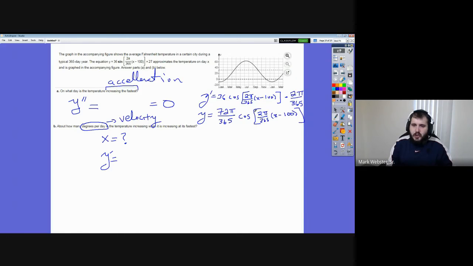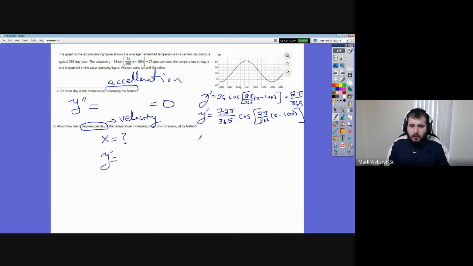Each time we take the derivative, we're going to change the trig function, but basically it's going to kick out another 2 pi over 365. So don't feel like you have to think really hard about it. Prime. And by the way, save this function because that's what we're going to plug into once we find x, right?